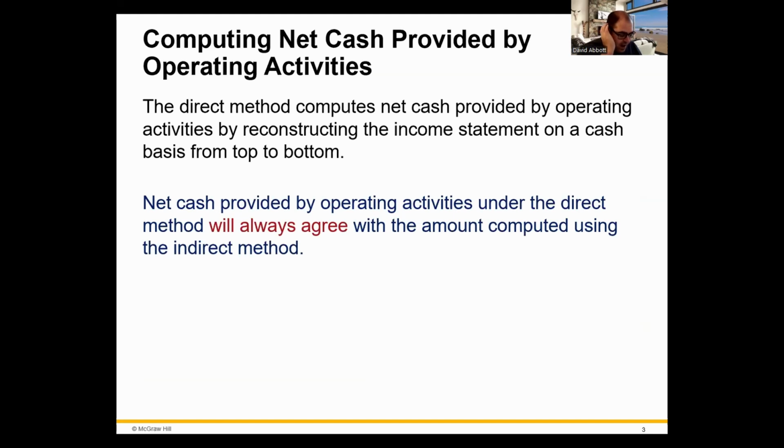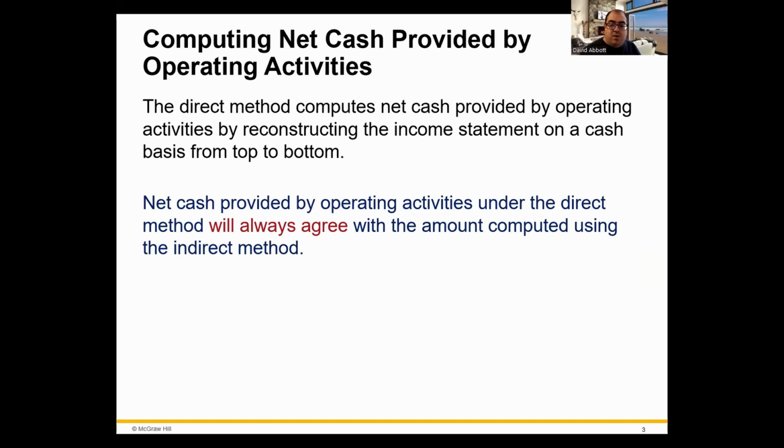Okay, so computing net cash provided by operating activities. The direct method computes net cash provided by operating activities by reconstructing the income statement on the cash basis from top to bottom. The amount of net cash provided by operating activities under the direct method will always agree with the amount computed under the indirect method.